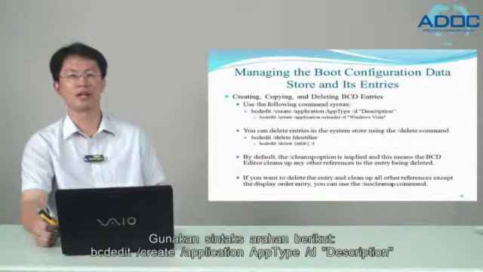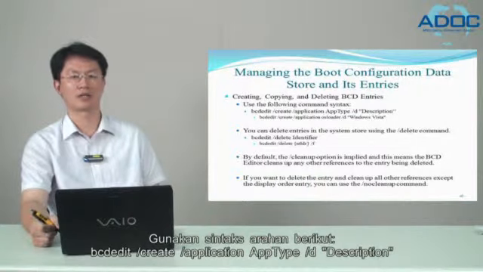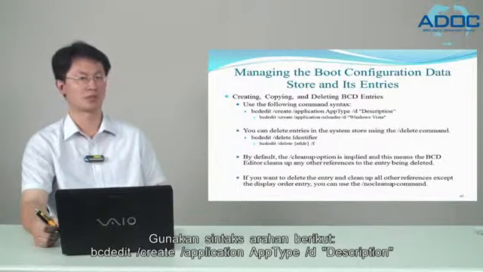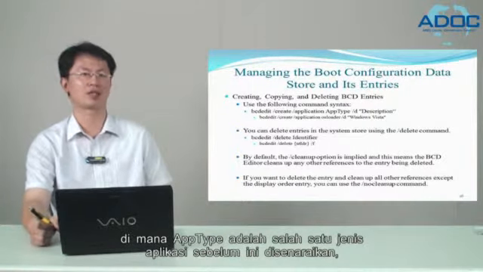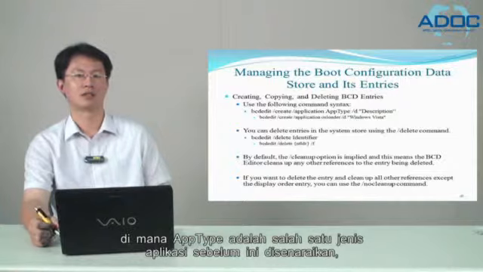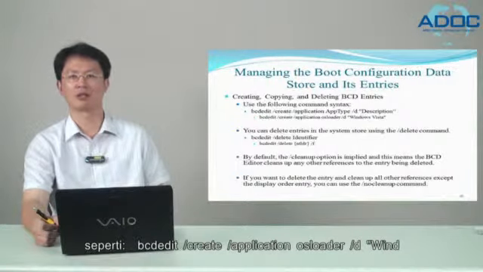And use the following command syntax: bcdedit /create /application type /d description, where application type is one of the previously listed application types, such as bcdedit /create /application osloader /d Windows Vista.